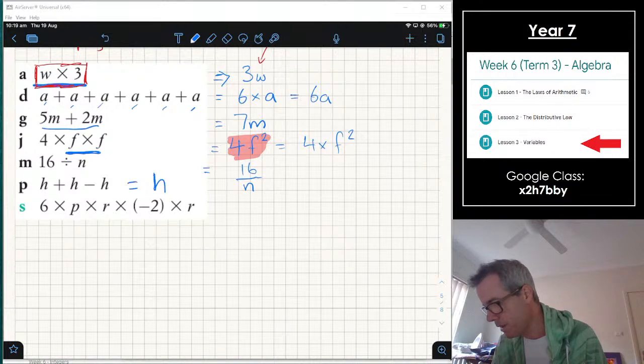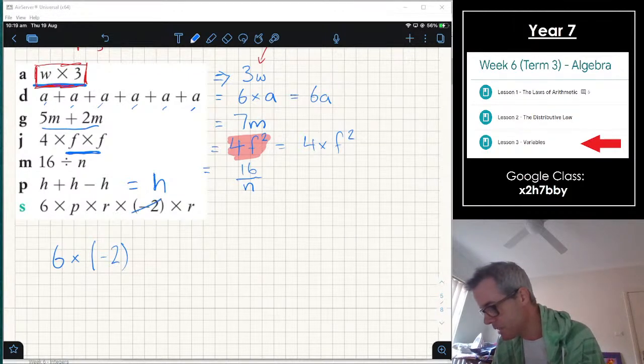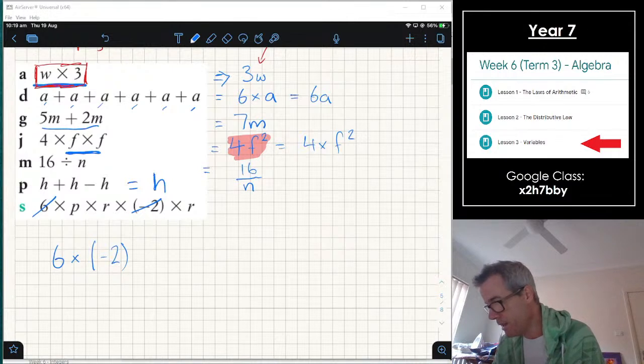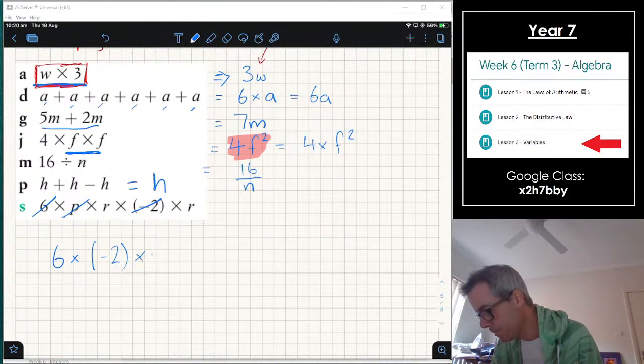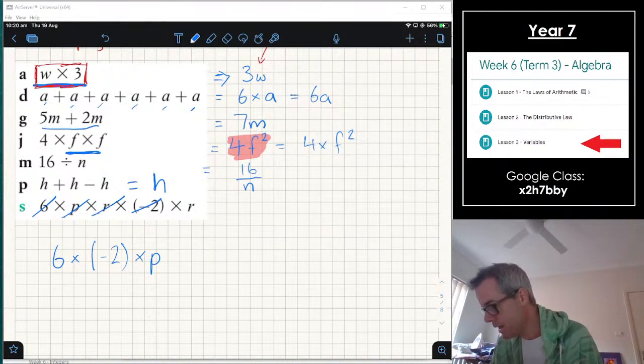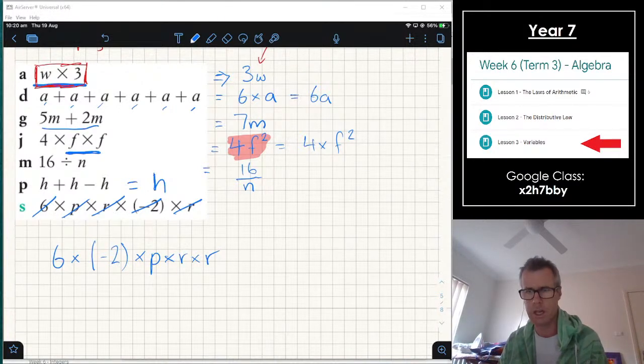So this problem here looks like 6 multiplied by -2, because there's that. I am then going to multiply it by p here. Then I'm going to multiply it by my two r's. Multiplied by r, multiplied by r, like so, okay?